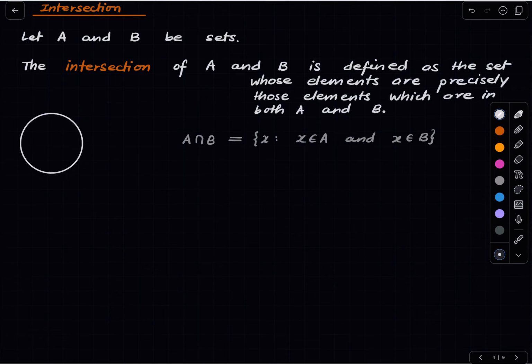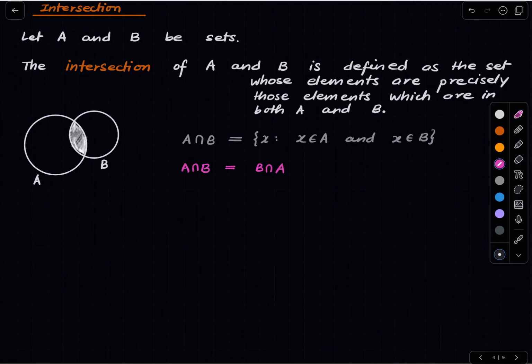Make a blob for A, make a blob for B, and we shade the common part. This common part is A intersection B. We can also note that A intersection B is same as B intersection A.